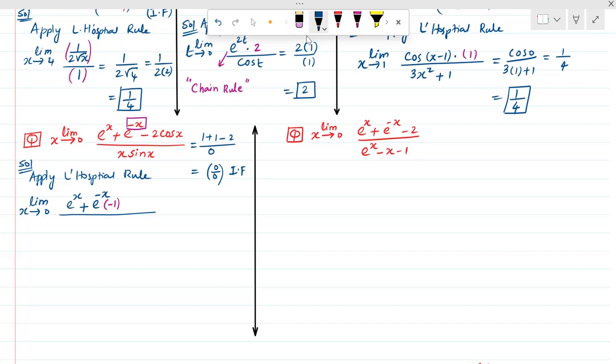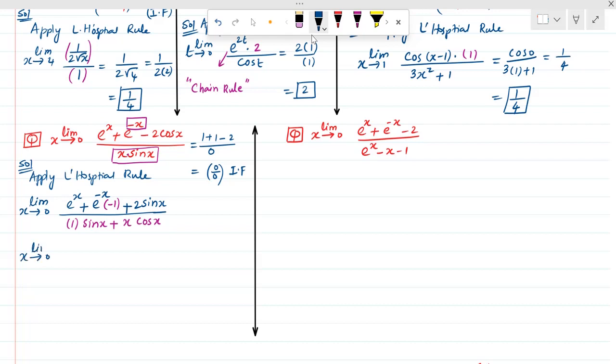Next, minus cosine differentiation plus 2 sine x. Over here, when you differentiate the denominator, you have to apply the f into g product rule. Because it is in the product, x differentiation is 1, sine x as it is, plus x will be fixed, sine differentiation cosine. Now I will rewrite this step first. After that I will apply the limit.